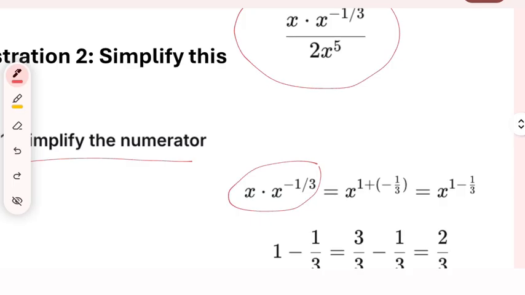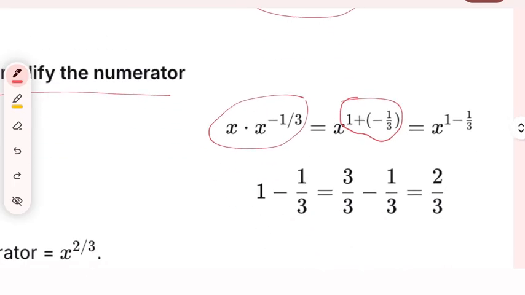And since they are of the same base, the base is x, we can add the exponents, right? So we have 1 plus negative 1/3, or simply 1 minus 1/3. So how would you add these exponents? We can rewrite 1 as 3 over 3, because 3 divided by 3 is 1.